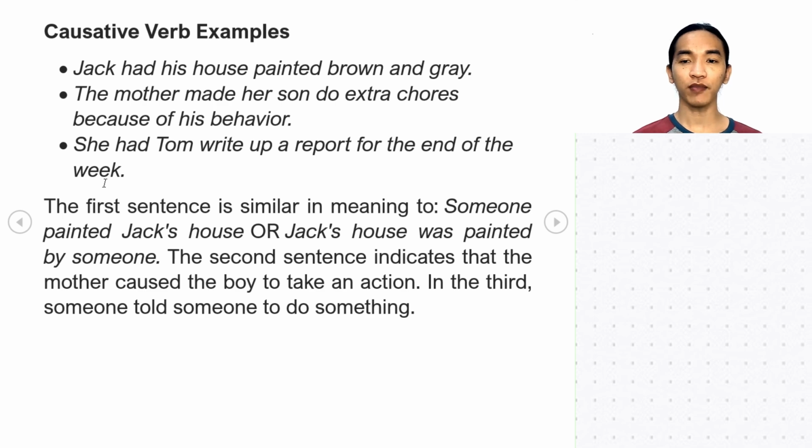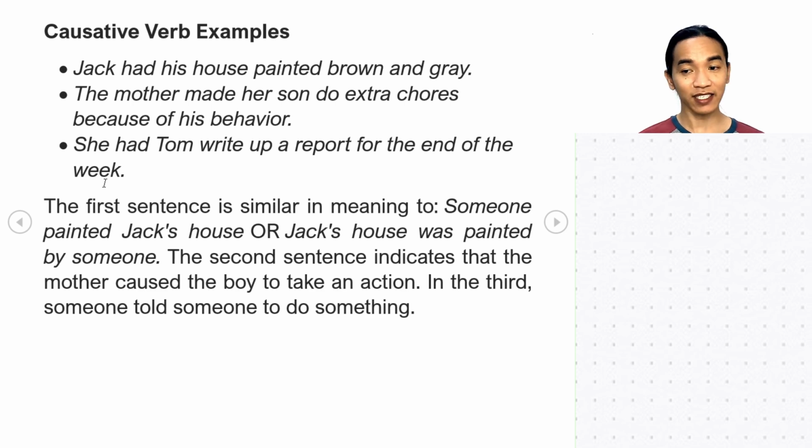Okay, next sentence. She had Tom write up a report for the end of the week. Okay, so it means here there is a sense of requirement or responsibility or duty on the part of Tom. However, she, the person who causes the action, made him do that. All right. Now, the first sentence is similar in meaning to someone painted Jack's house, or Jack's house was painted by someone, right?